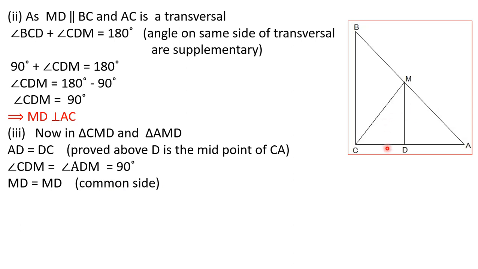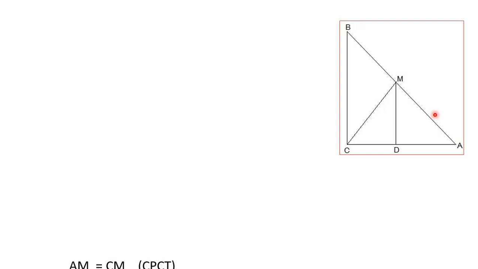So by SAS congruency, we can write both triangles CMD and AMD are congruent. Now as we know, if triangles are congruent, then the corresponding parts of congruent triangles are equal. So we can write CM is equal to AM by CPCT.